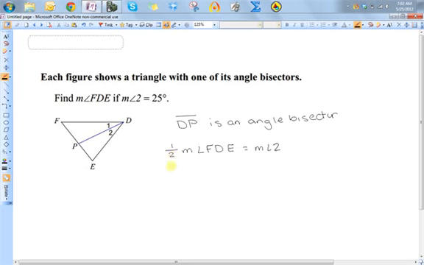I know the measure of angle 2 is 25, so let's rewrite this first as the measure of angle FDE is equal to 2 times the measure of angle 2. I just multiplied both sides by 2. Since the measure of angle 2 is 25, the measure of angle FDE must equal 50 degrees.